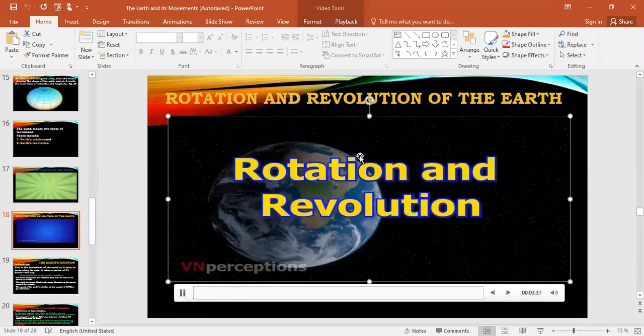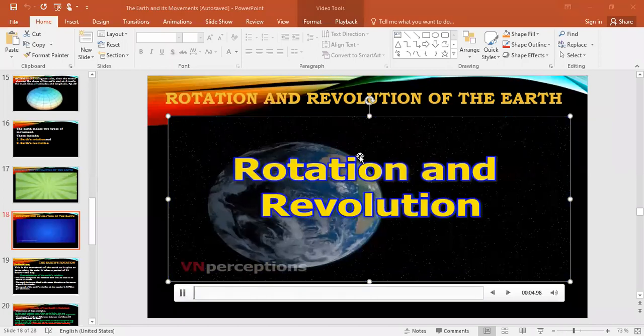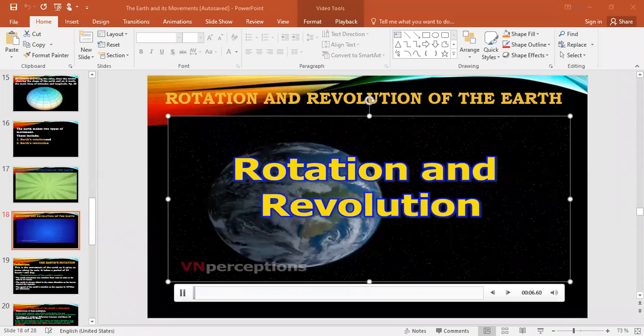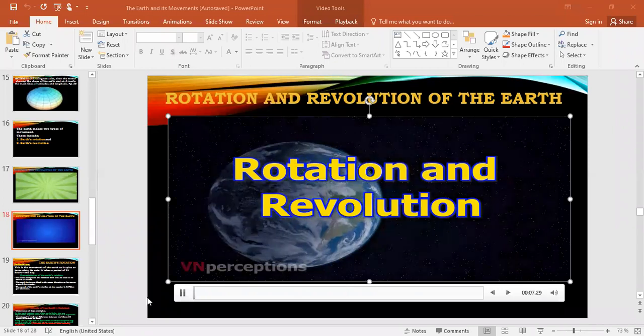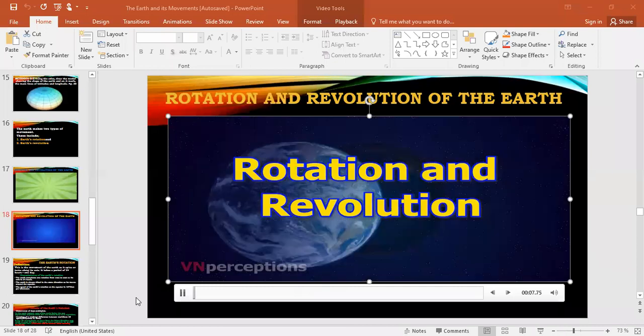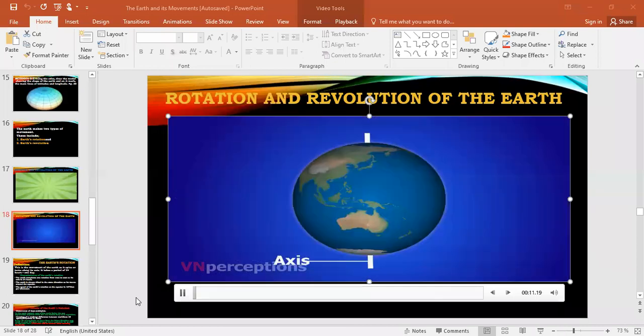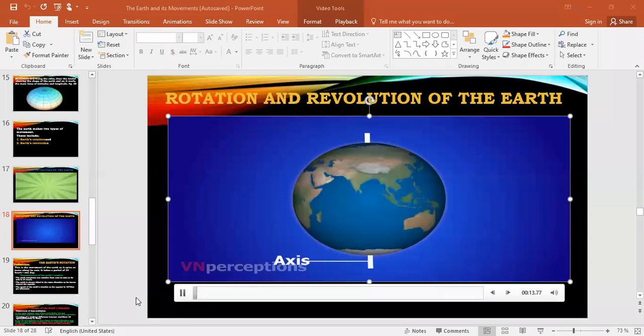Let us learn rotation and revolution of the earth and its effects. The spinning of the earth around its own axis, which is an imaginary axis, is known as rotation of the earth.